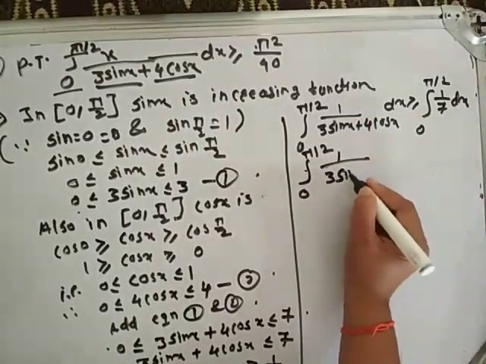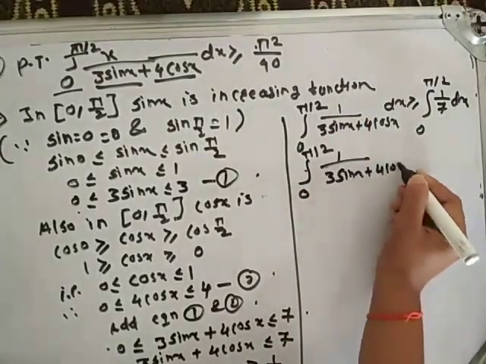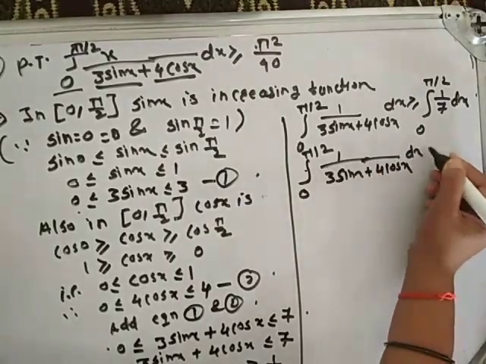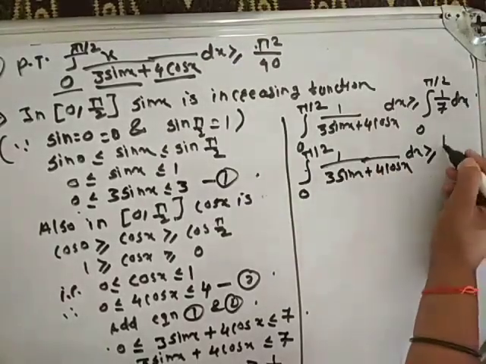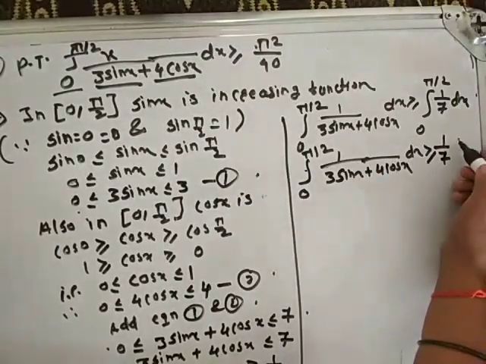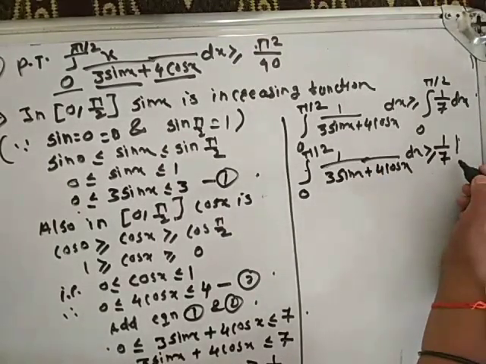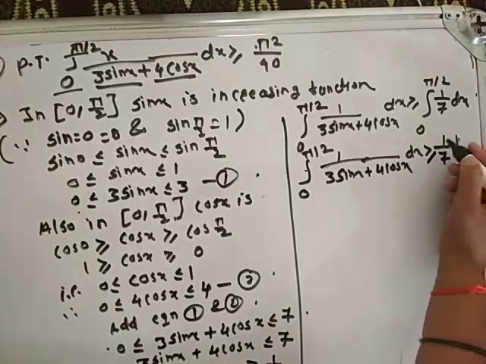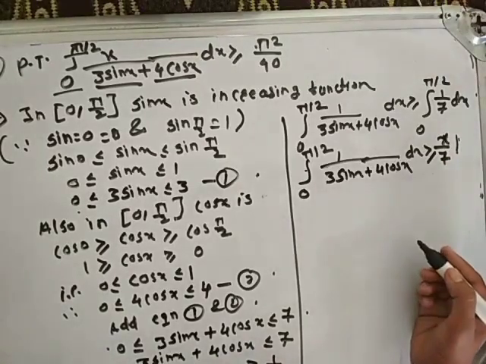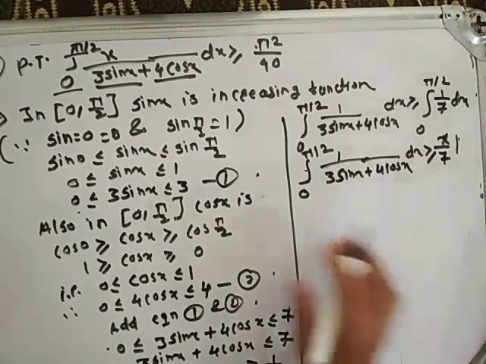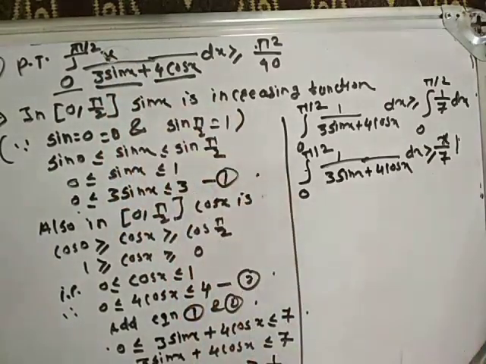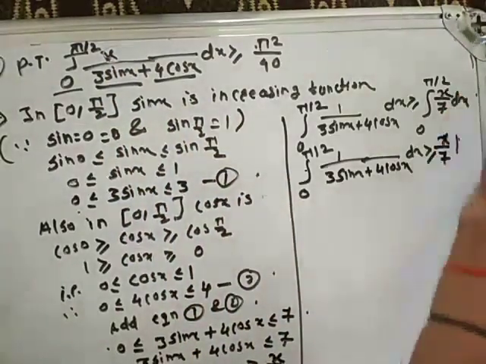On the right, the integral of 1 by 7 is x by 7.